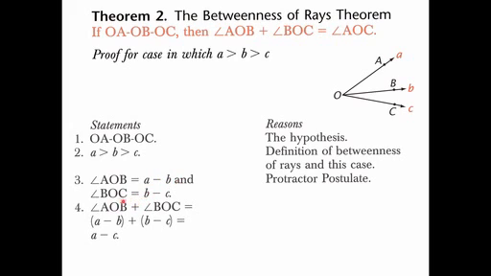This one was a little tricky on the betweenness of points theorem, but if this angle is equal to that expression and this angle is equal to that expression, we've got equals, and we're going to add them to equals. So angle AOB plus BOC equals A minus B plus B minus C. So that would simply be addition.